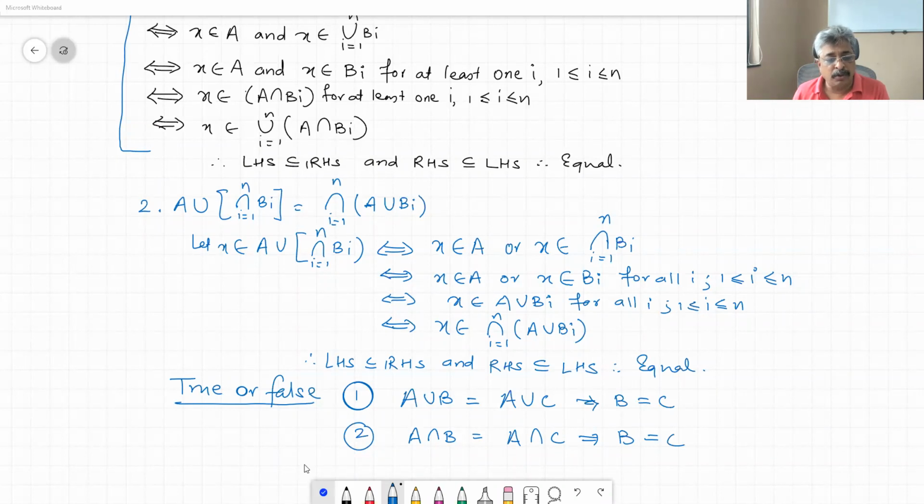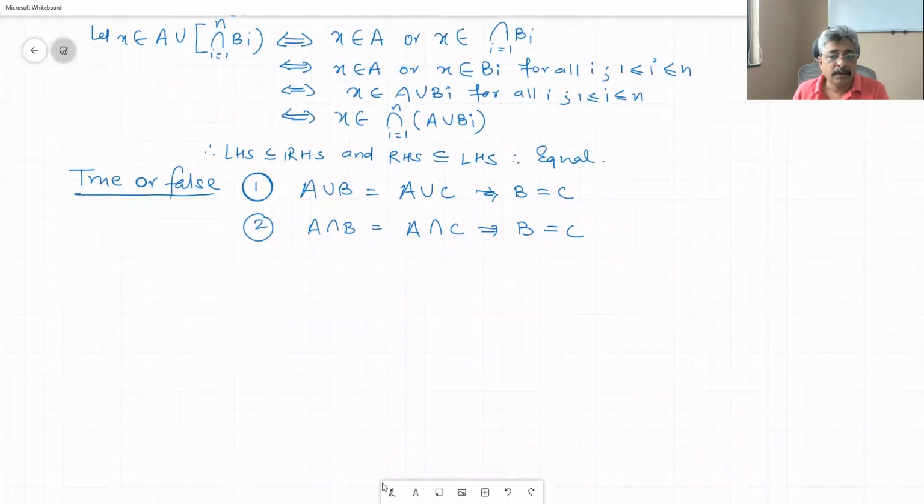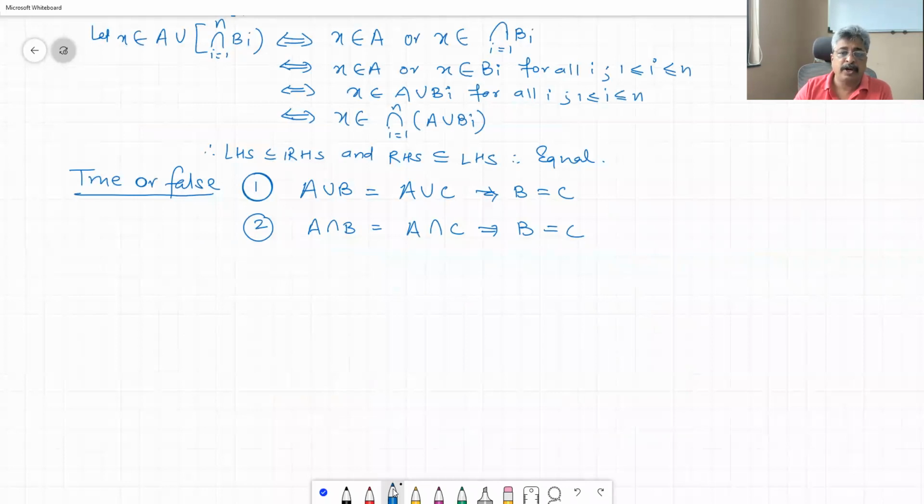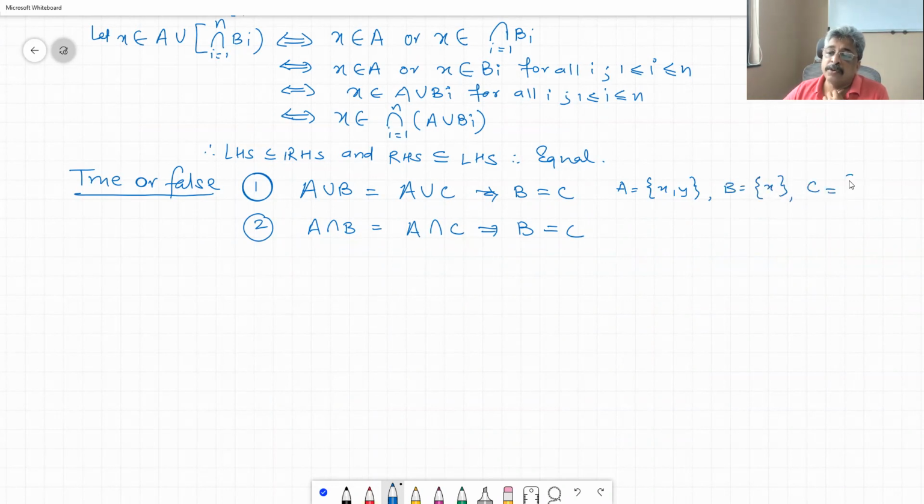Both are not true. Why? Counter examples we should have. A is equal to {x, y}. B is equal to {x}. C is equal to {y}.